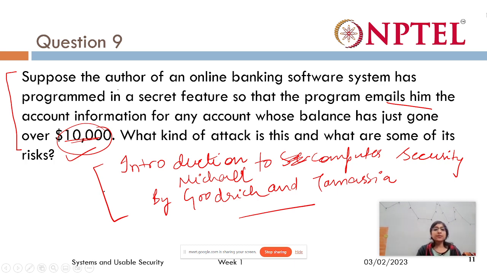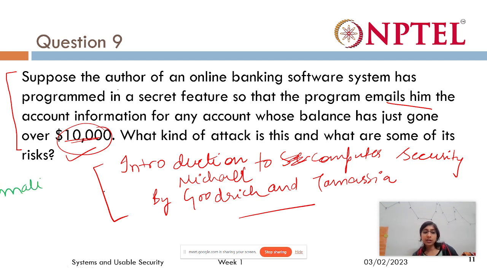So, someone is mailing him. Someone said that it is a kind of phishing attack. But what happens in a phishing attack? It does not have a secret feature, only that the link is not authentic, or it is a malicious link, right?